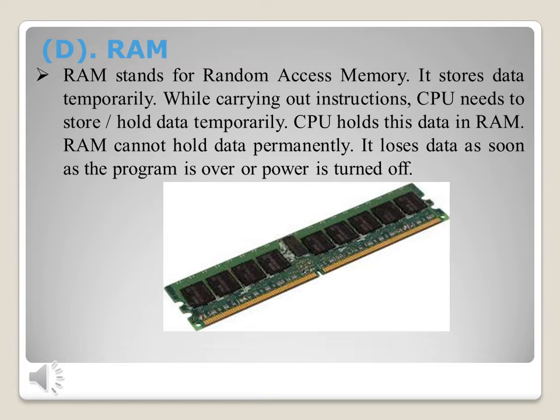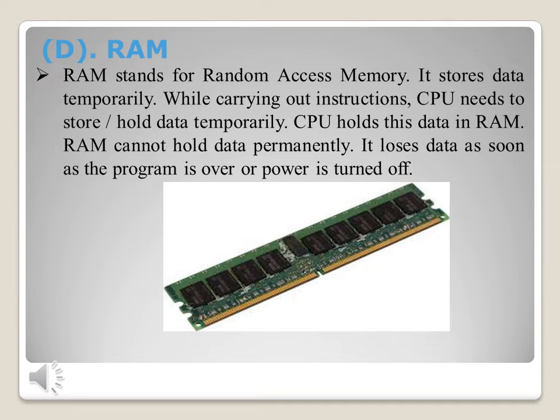While carrying out some instructions or calculations, sometimes the computer will generate an intermediate result or intermediate calculation, which we are required to store only for a short interval of time. That means that data is required to be stored temporarily. After some time it should be deleted automatically. So for this purpose we require RAM. The CPU holds this kind of temporary data in the RAM.